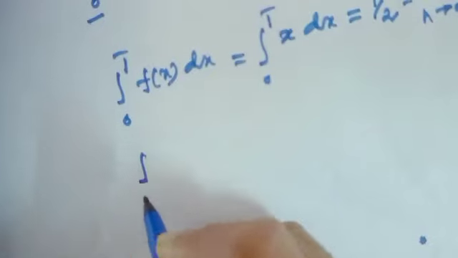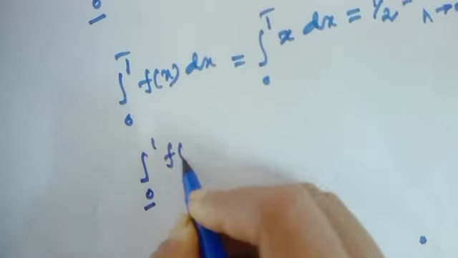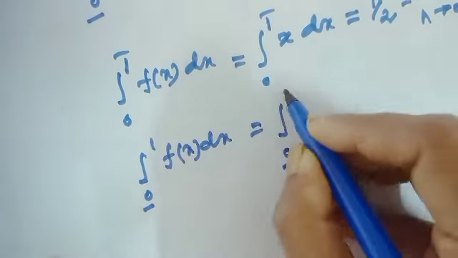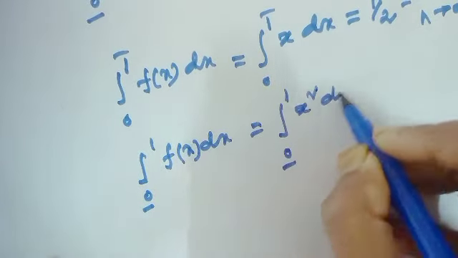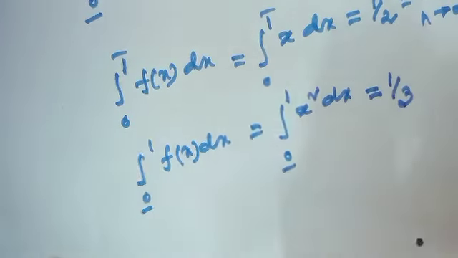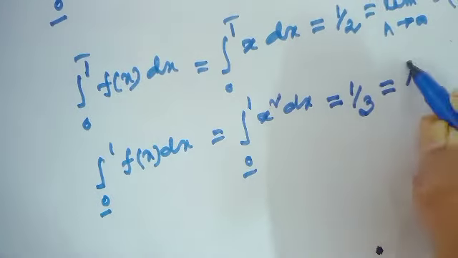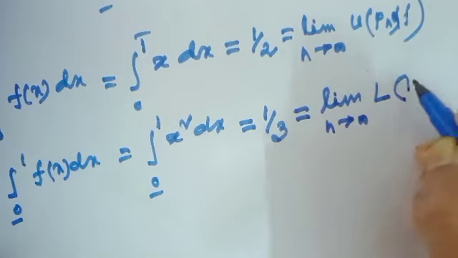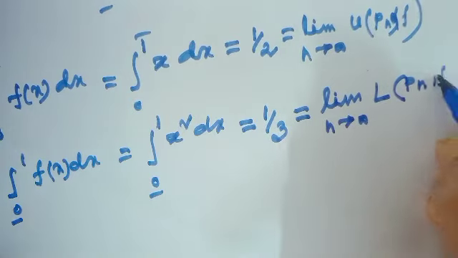Similarly, the lower Riemann integral would be 0 bar to 1 of fx dx, which is equal to 0 bar to 1 of x square dx, whose value would be 1 over 3. And this is equal to the limit n tends to infinity of the lower sum, that means LPNF.